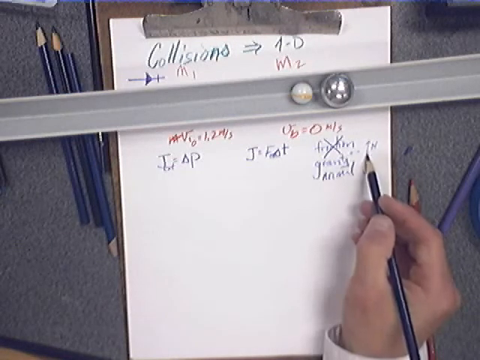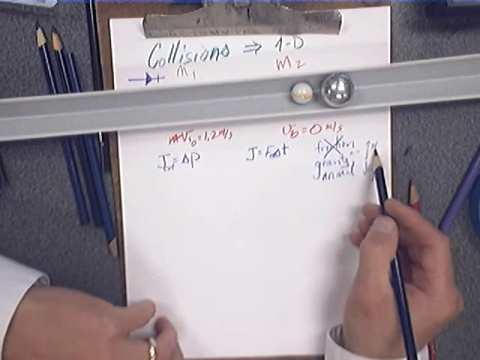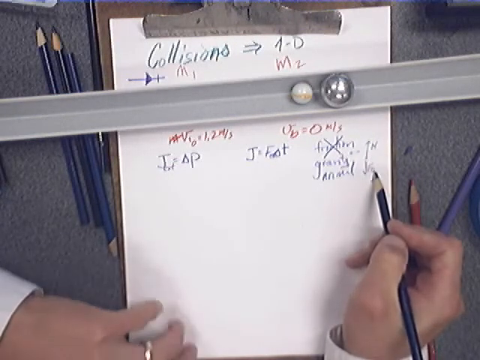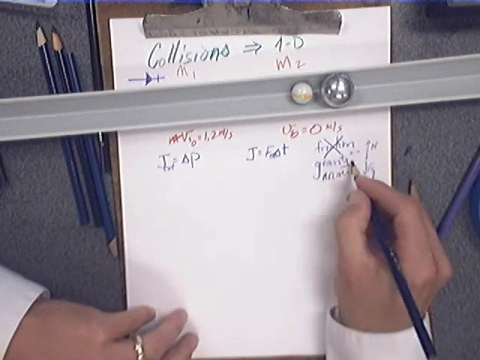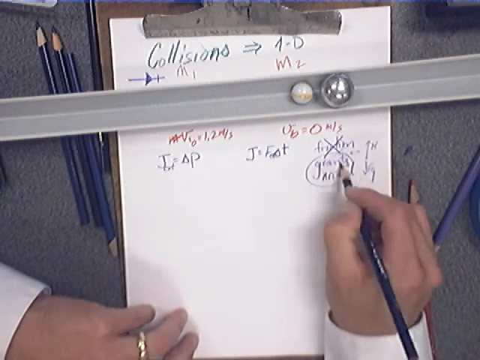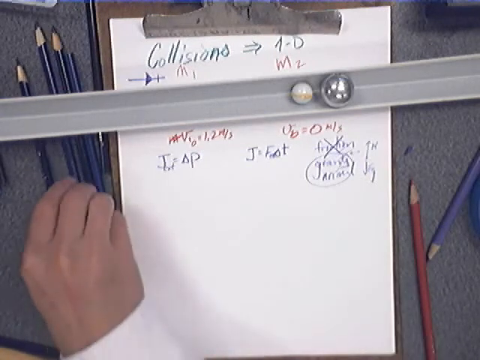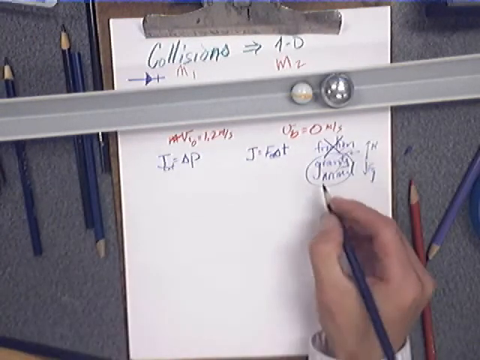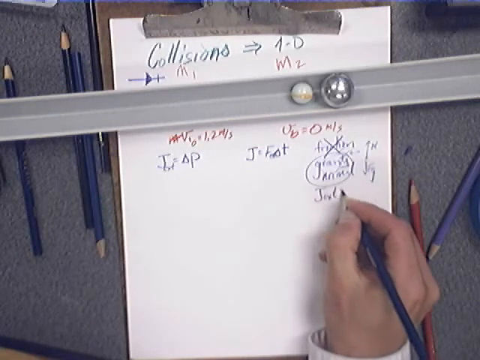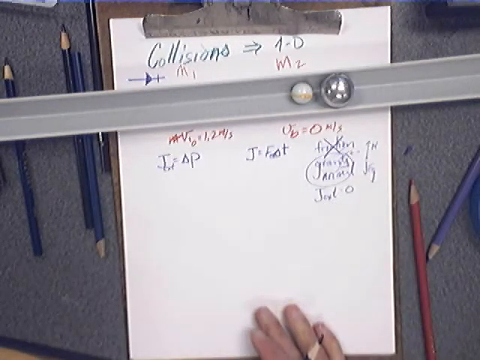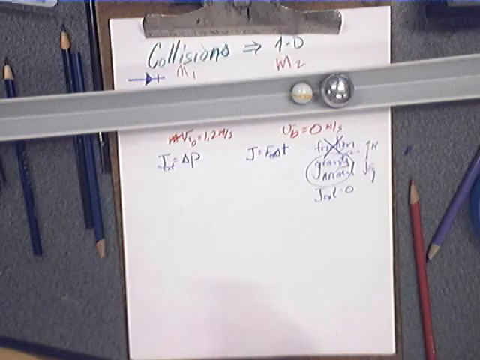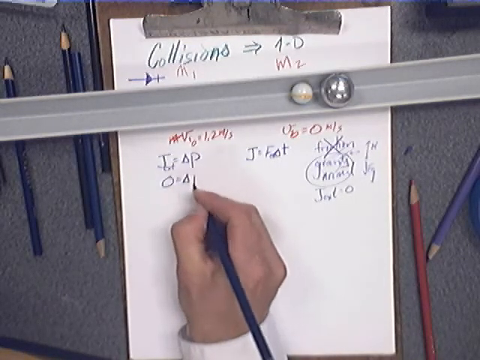They're at 90 degrees to what I'm doing, and they cancel each other out. So now I can assume the external forces add up to 0, so 0 equals delta P.